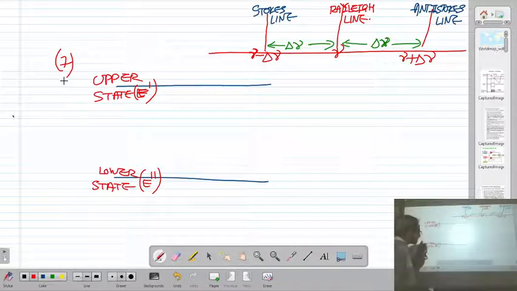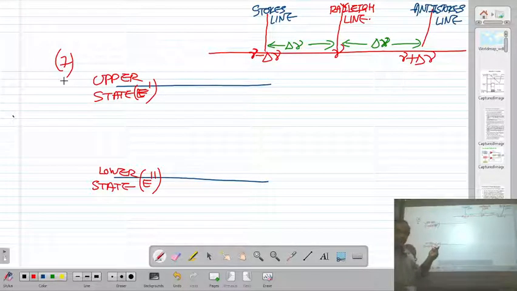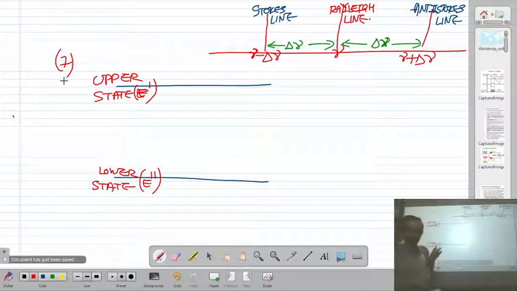So let us consider two energy states of the scatterer molecule. This is the lower energy state of the molecule in which the energy is E double dash.